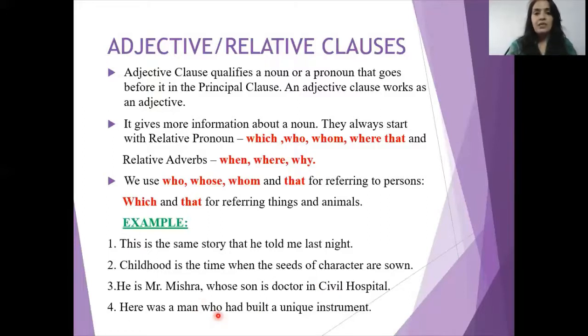So this way we can understand, children, that all these nouns which have been given here are qualified by the given clause. They are telling the quality of this noun, and we can judge, yes, these are adjective or relative clauses, and they start with which, who, whom, where, that, when, why, with all these words.